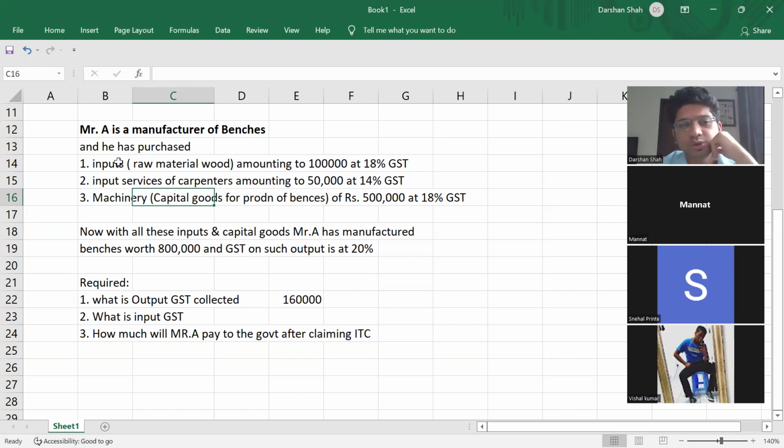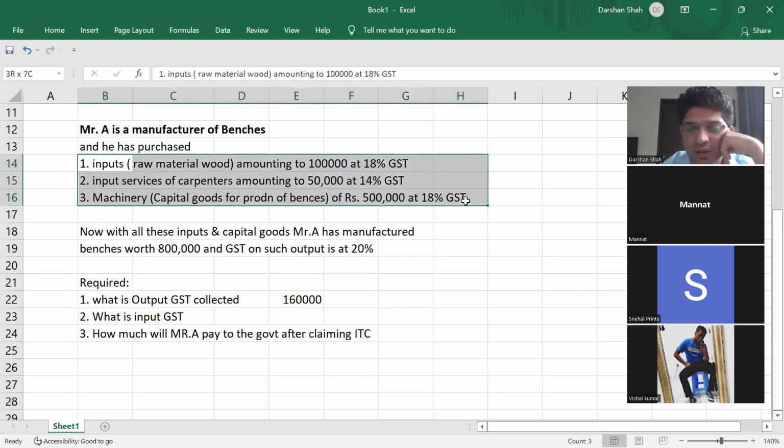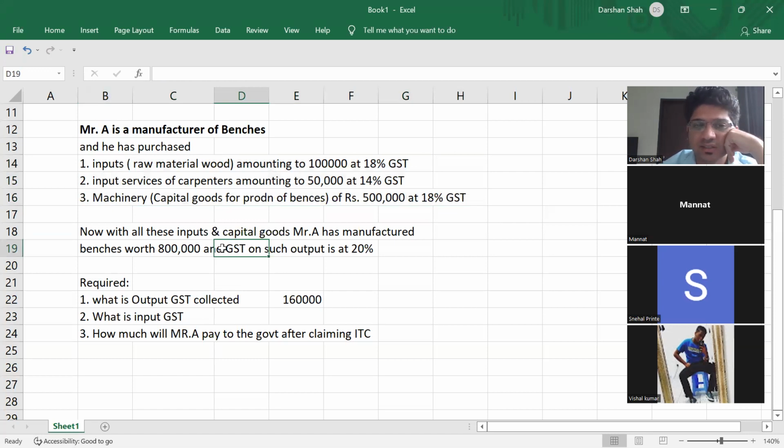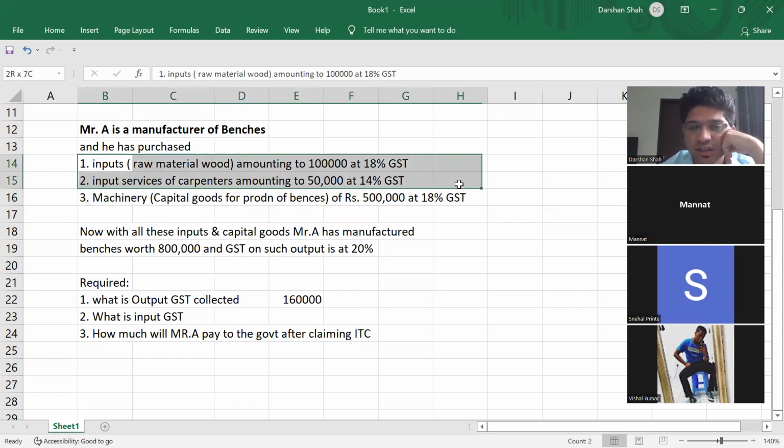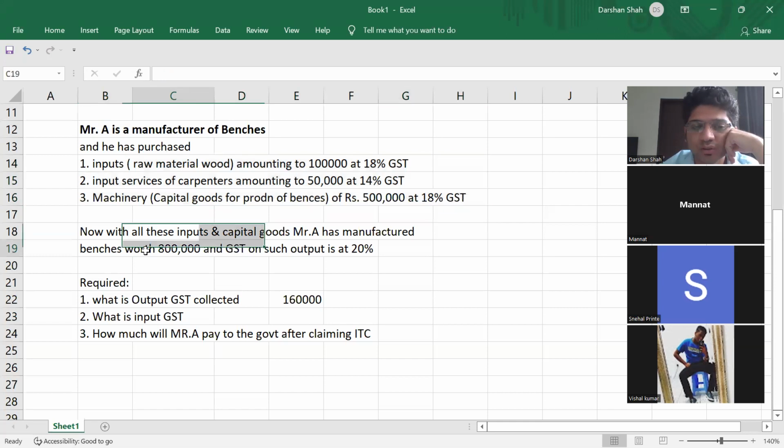All three. Okay, so whatever is required in the furtherance of business to produce these benches, all kind of inputs, all kind of input services, and even capital goods, I will take GST on that.